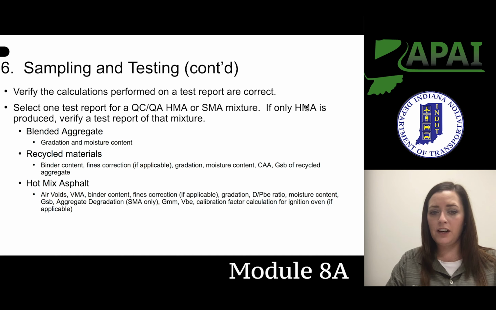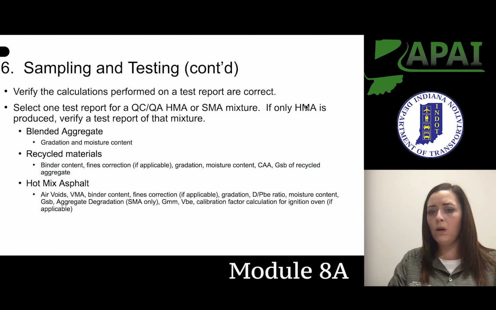They need to verify the GMM calculations, the volume of effective binder, and if there's a calibration calculation for the ignition oven, if a contractor is using an ignition oven for binder content testing.